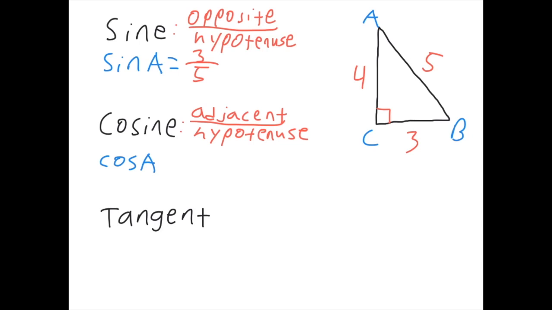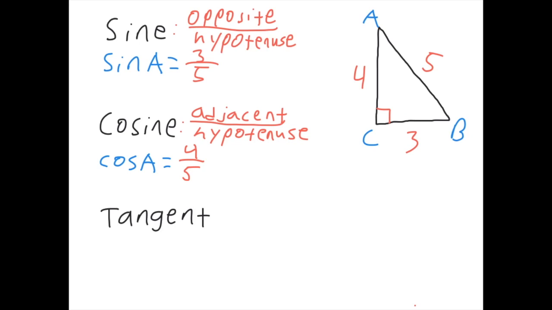So the cosine of A is equal to, now the adjacent side is the leg that touches A. So you know that 3 and 4 are the legs. The one that A touches is 4. So cosine of A is 4 over, and then the hypotenuse, which once again is 5.